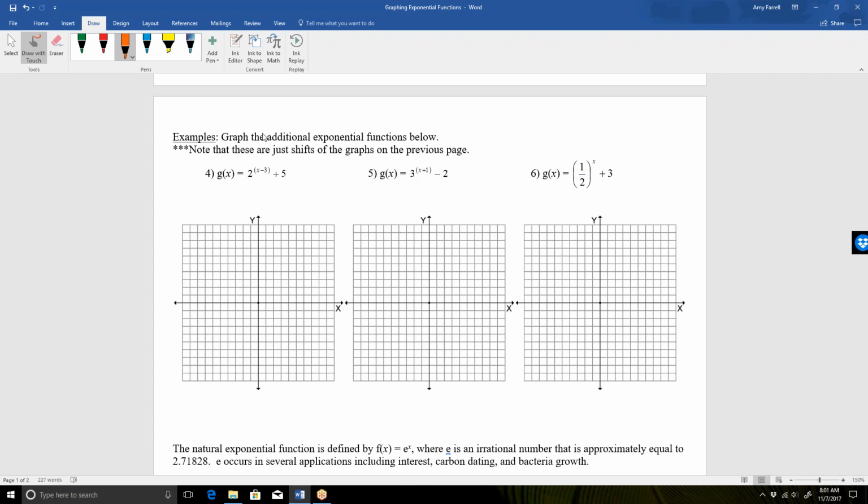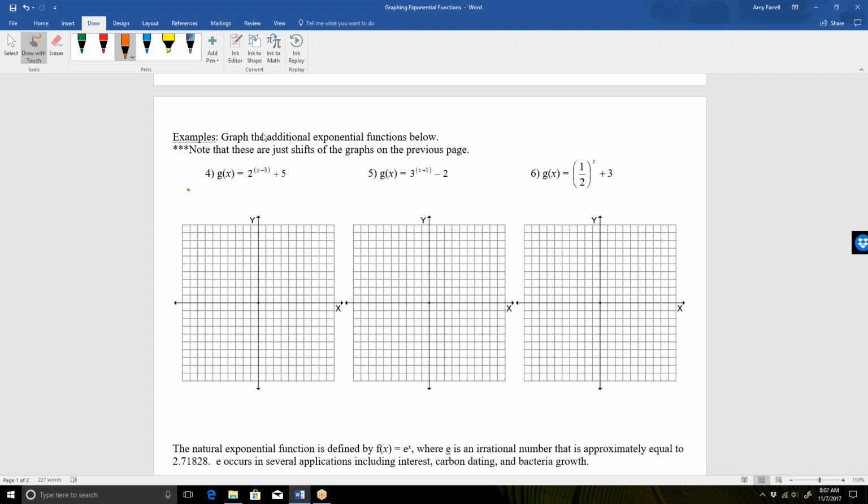All right, so this one is going to look just like f of x equals 2 to the x, but this means right 3. This is the one that's weird, it's subtraction, but we actually go right. Okay, so this one's right 3, and then this means up 5.